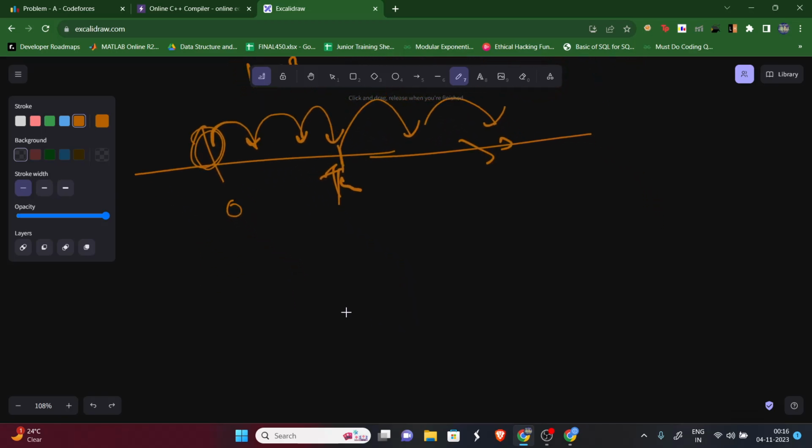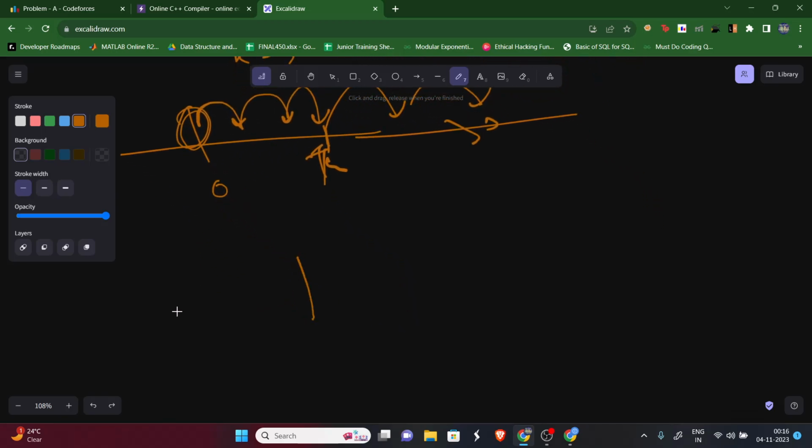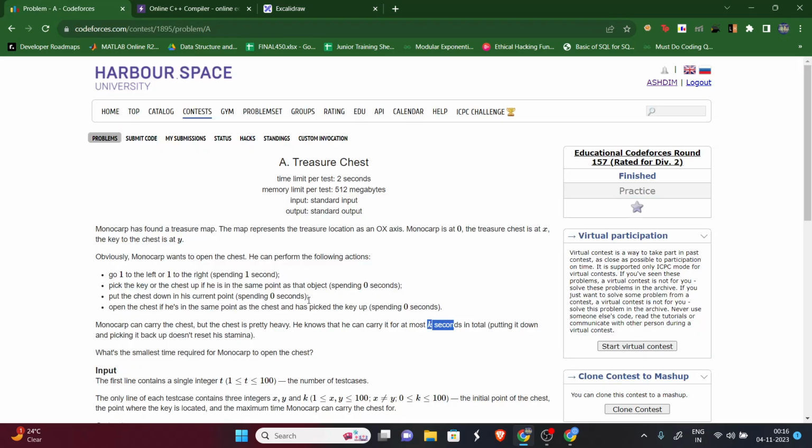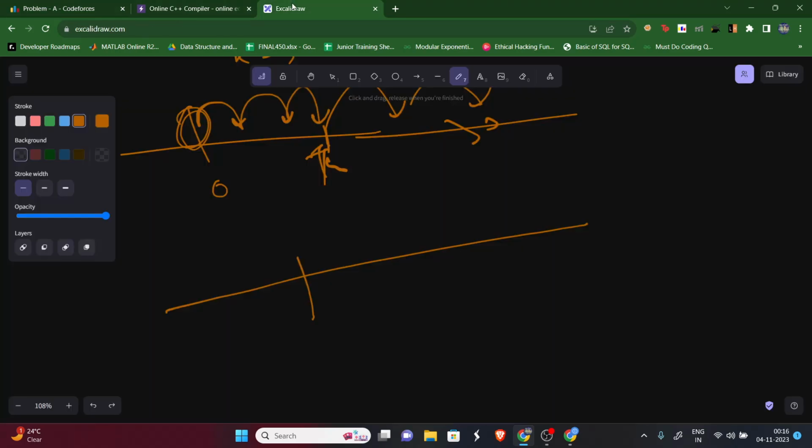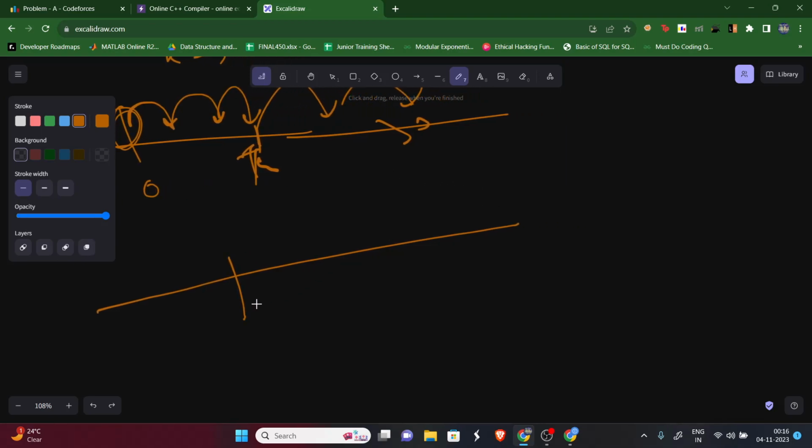Now see, there can be two scenarios. And in the question you can see that these values are always positive. The position of the key and the position of the treasure will be given. So this is 0. Now there are two possibilities. Here will be the key first, and then we will have the treasure.